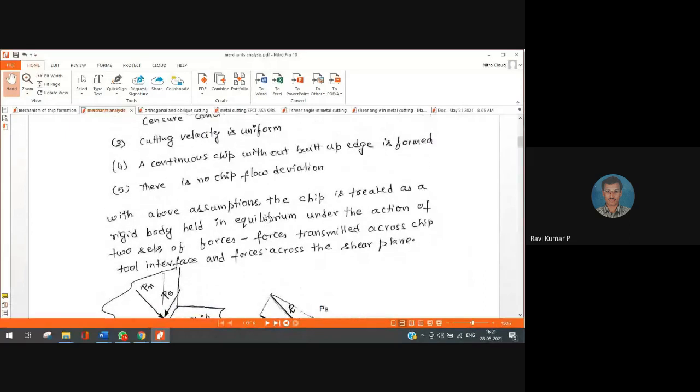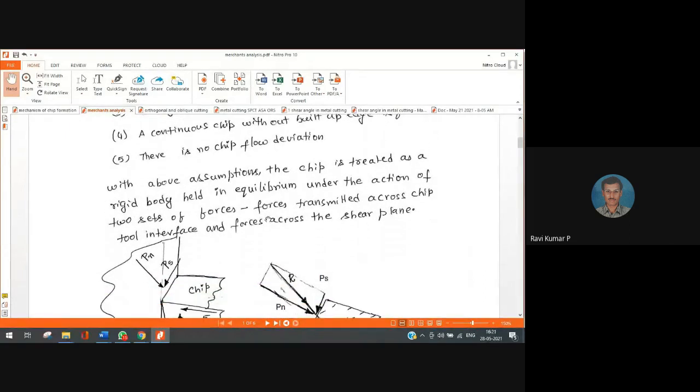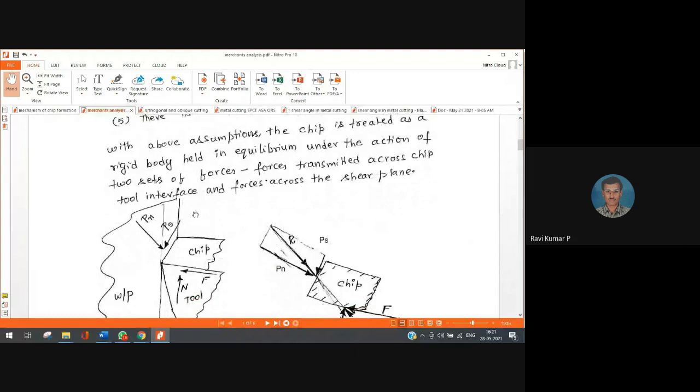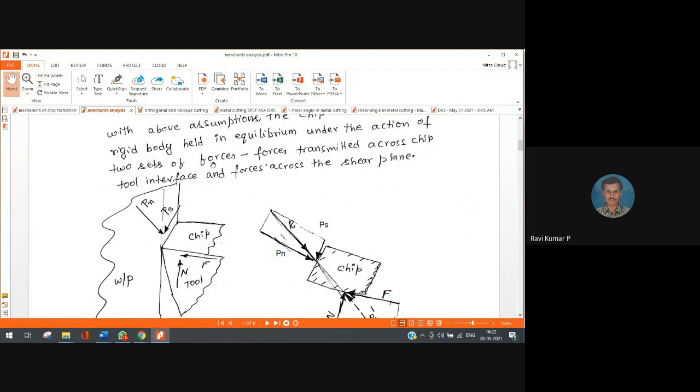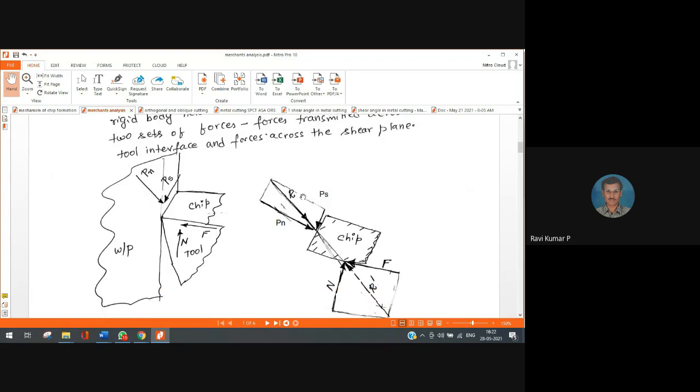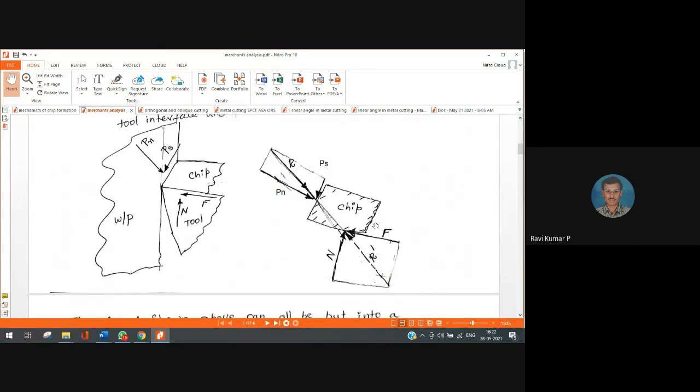So with these assumptions, the chip is treated as a rigid body held in equilibrium under the action of two sets of forces. One set is the forces transmitted across the chip-tool interface, and the other set is the forces across the shear plane, right? So, the chip looks like this. One set of forces, PS and PN, will produce one resultant.